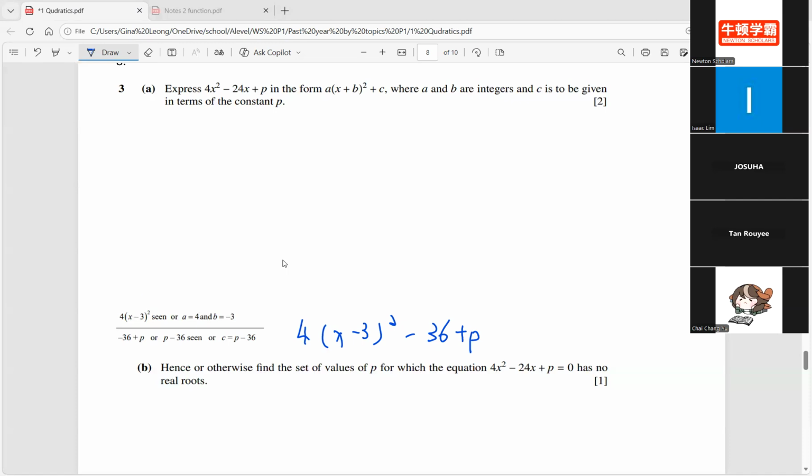Okay. Correct. This one correct. Okay, you can continue with the B. B square minus 4AC. No real roots. So means what? Yeah, less than. Correct.